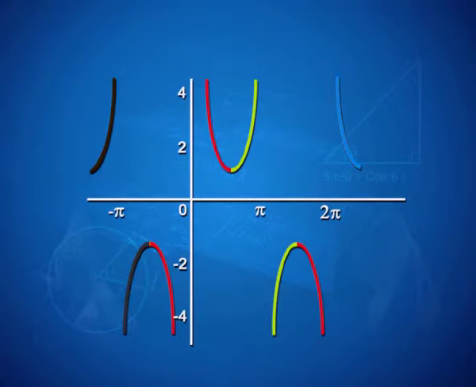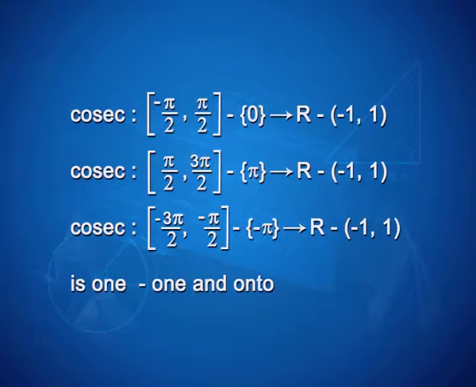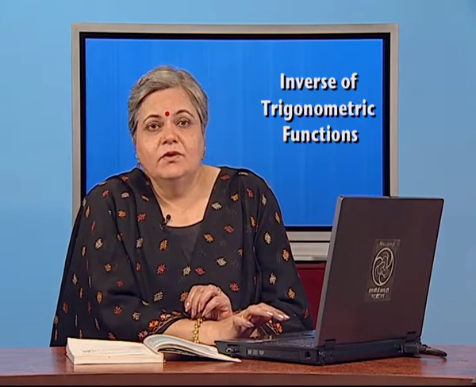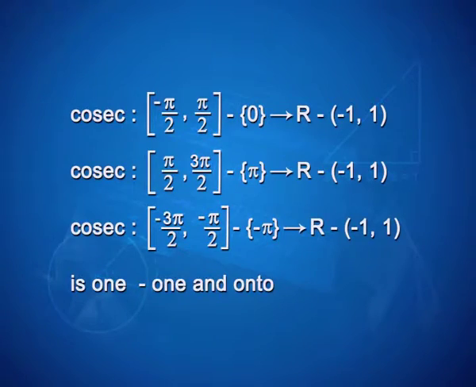If you take the interval between minus pi by 2 to pi by 2, pi by 2 to 3 pi by 2, and so on, the function is very much a 1-1 function, and when mapped to its range, the function is 1-1 and onto.